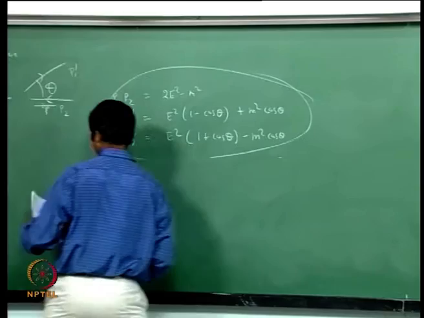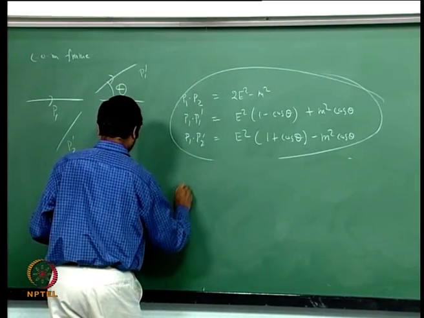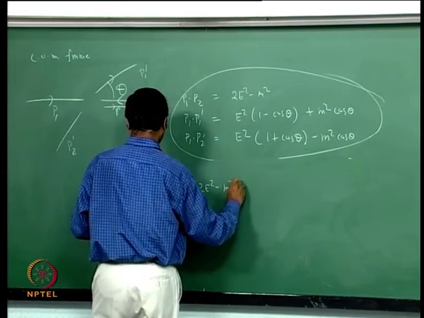You will see that the differential scattering cross section at the end of the day will look like d sigma over d omega is equal to alpha square times twice E square minus m square.